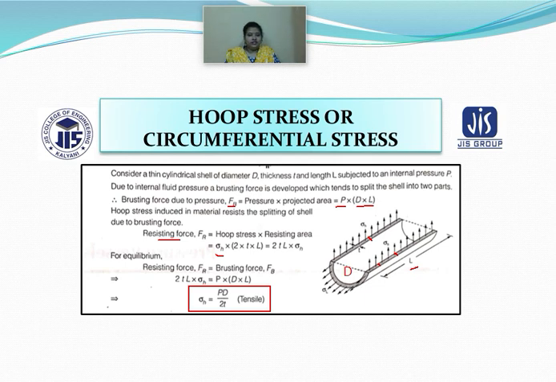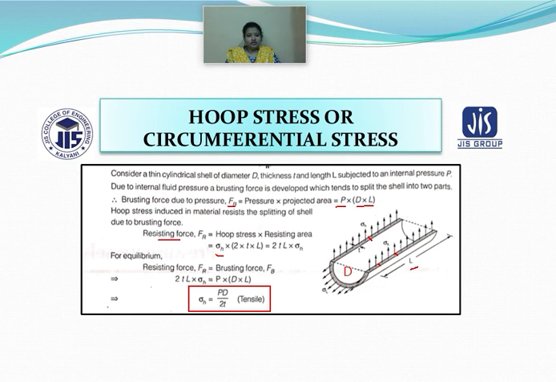So while we are calculating the hoop stress or circumferential stress, we are basically dealing with two types of forces. One is the resisting force, another is the bursting force. The resisting force is none other than the product of hoop stress into resistance area.